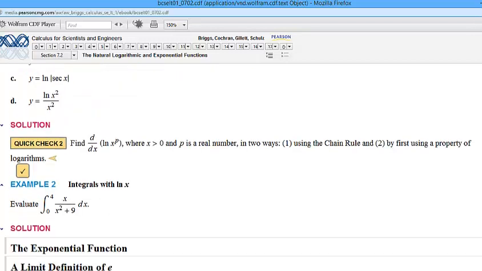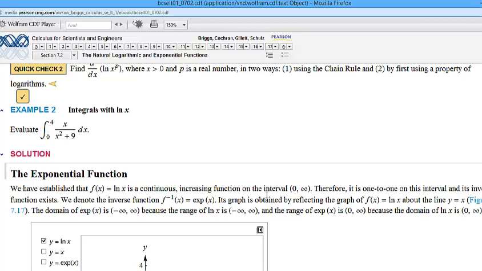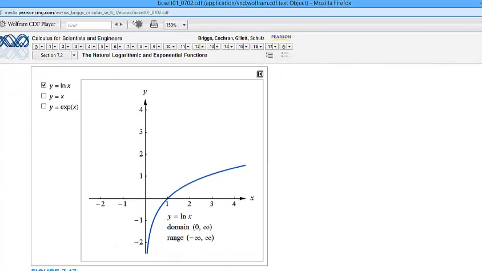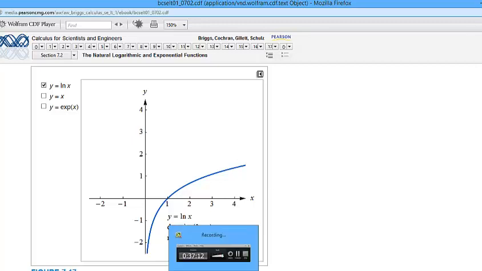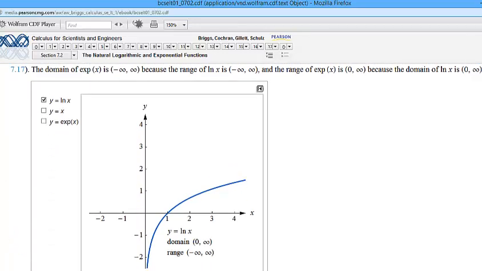Okay, but it's time to talk about the exponential function. And they say, natural log, here's the graph of it. Oh, question. Go ahead, Jocelyn. Yeah, did I pass it? It's coming up. Yeah, I'm going to do it. Okay? So here's the natural log function.